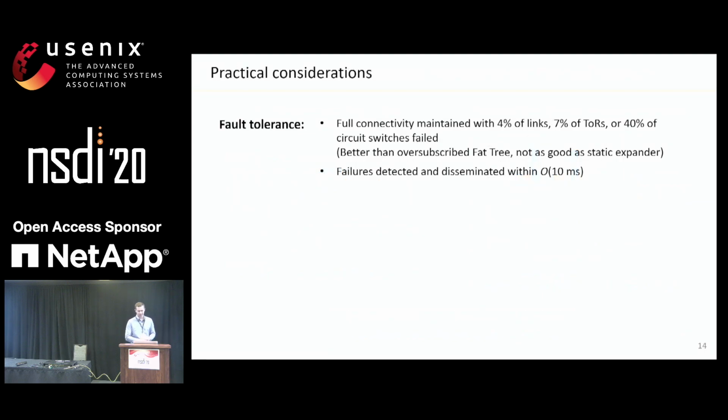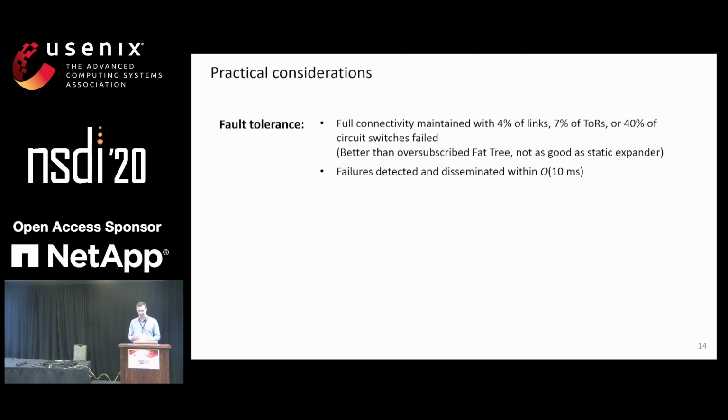So in addition to packet simulations, we looked at a few practical considerations for deploying Opera, one being fault tolerance. We found that Opera can maintain full connectivity between all working components, even if it loses a moderate amount of links, top-of-rack switches, or circuit switches.